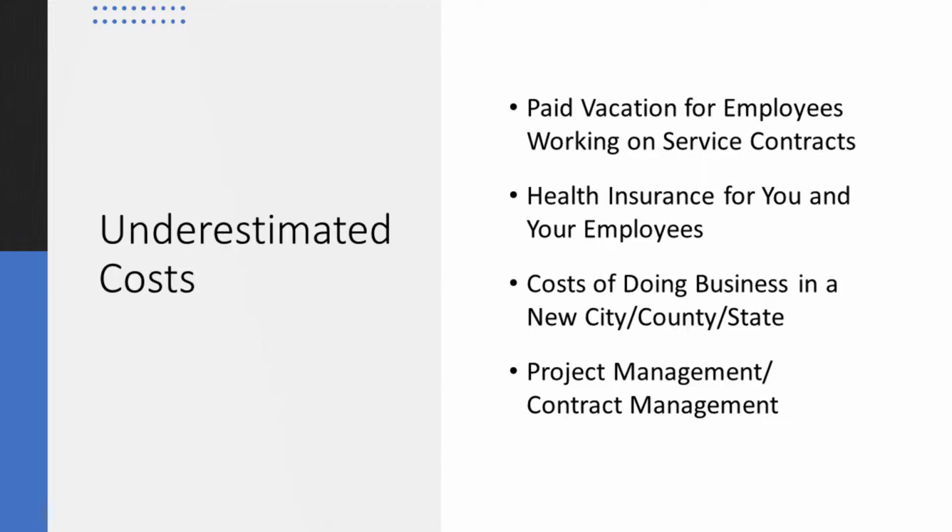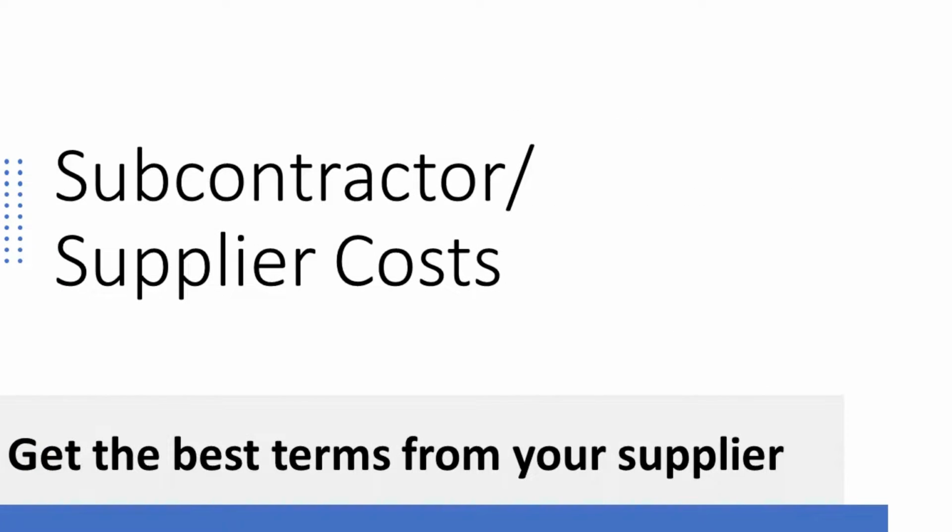If this is a Service Contract Act job, you need to understand what the wage determination says about how much you have to pay your employees, how much paid vacation and paid holidays you need to provide, and how much you need to pay in health and welfare benefits. And if you have a supplier or subcontractor, pay attention to their costs. Are they giving you the best price in terms? You don't want your supplier giving you a higher price than they give your competitor.